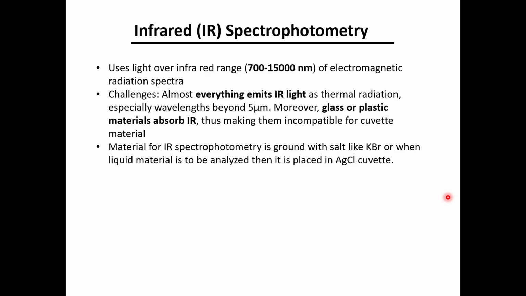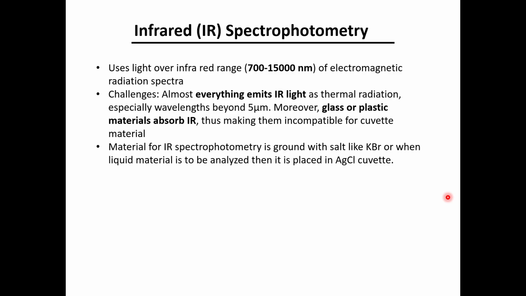Infrared or IR spectrophotometry uses light over the infrared range. This is the 700 to 15,000 nanometers of the electromagnetic radiation spectrum. But it is not so practical because of the limitation that everything emits IR light as thermal radiation, especially at wavelengths beyond 5 micrometers.